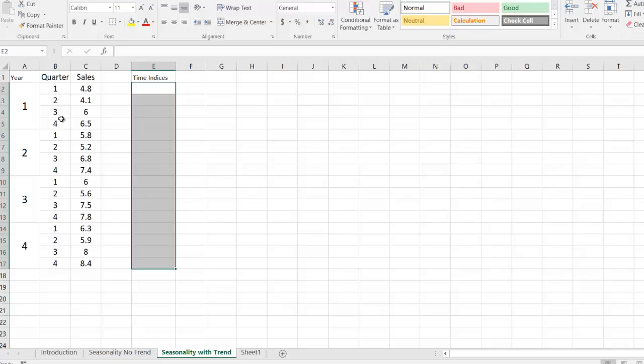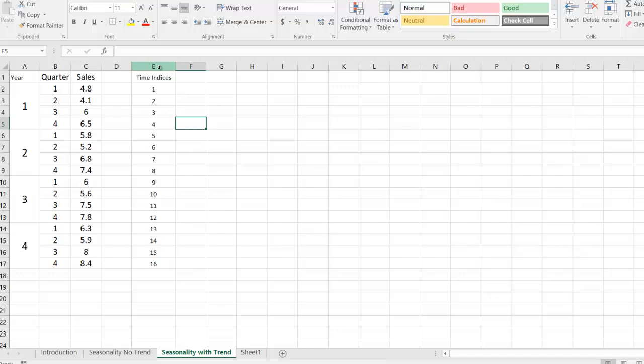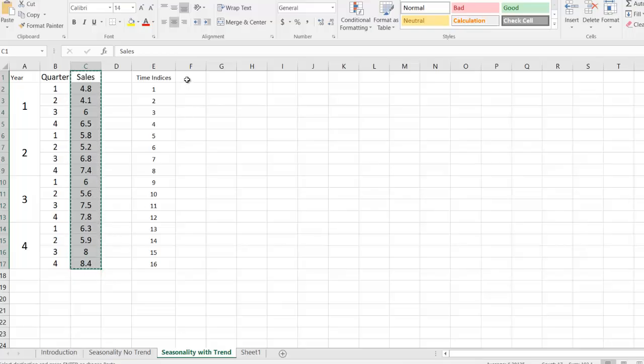So we have 4 quarters and 4 years. So our time indices is from 1 to 16. The time indices will represent the X values of the trend line. And the column of sales will represent the values for Y.